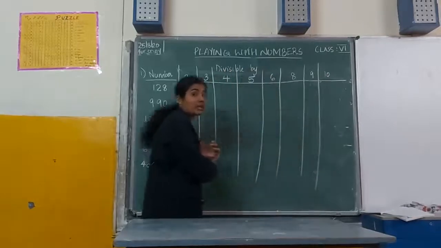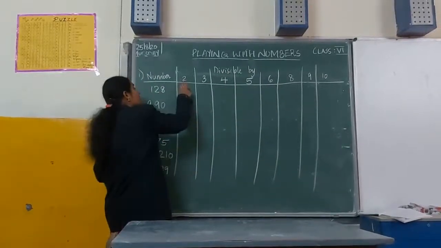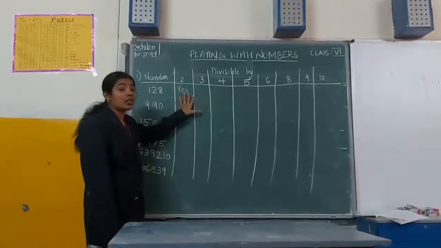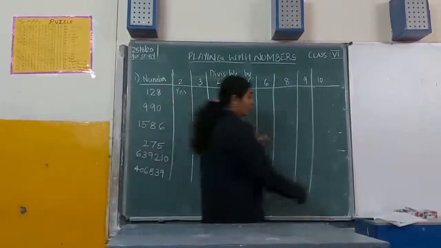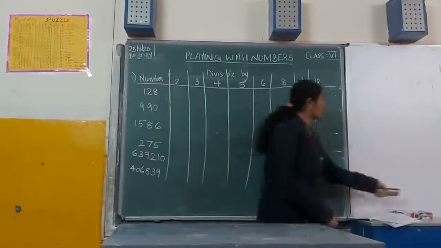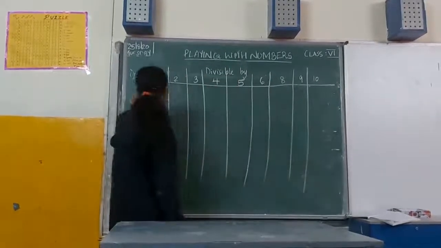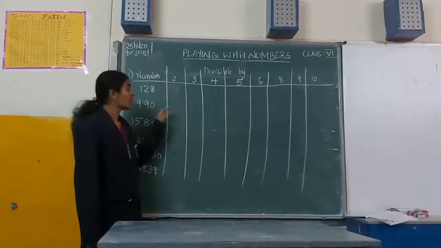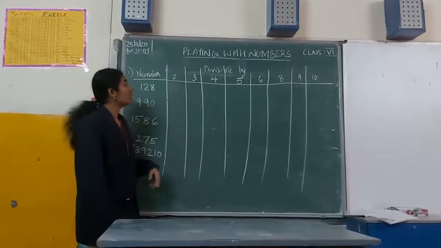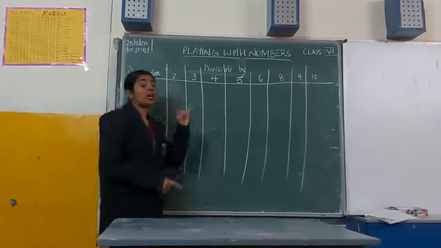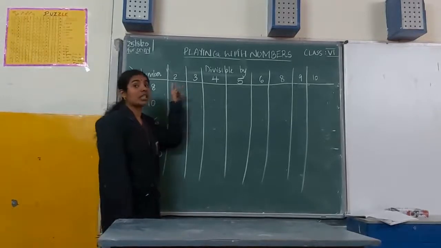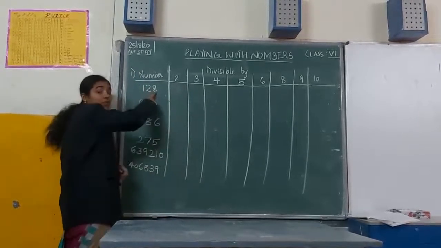If it is divisible by that number, just write yes. If it is not divisible by that number, you should just write no. So see here, the first number, what is the equivalent number?